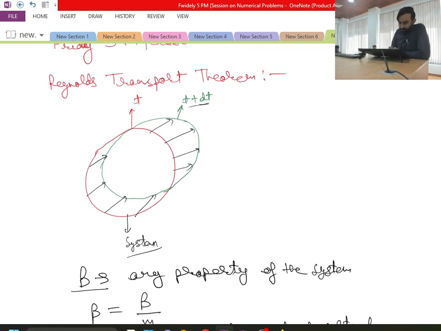If this is my control volume, then this red colored outline was the system at time t, and the green colored outline is the system at time t plus dt.